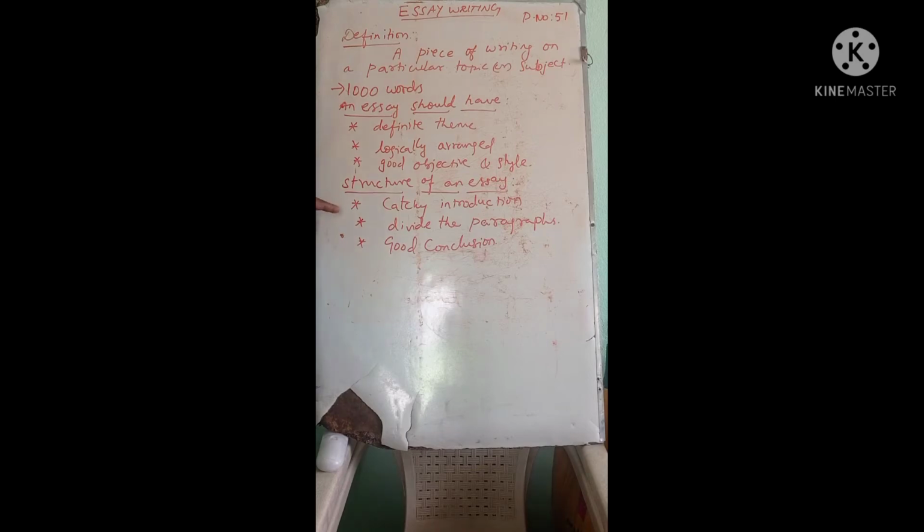These are the structure of an essay. See here, what are the important points an essay should have? These are the 3 important points. And the structure, that is the body of an essay. It should have an introduction, the important points should be written in paragraphs, and it should have a good conclusion.